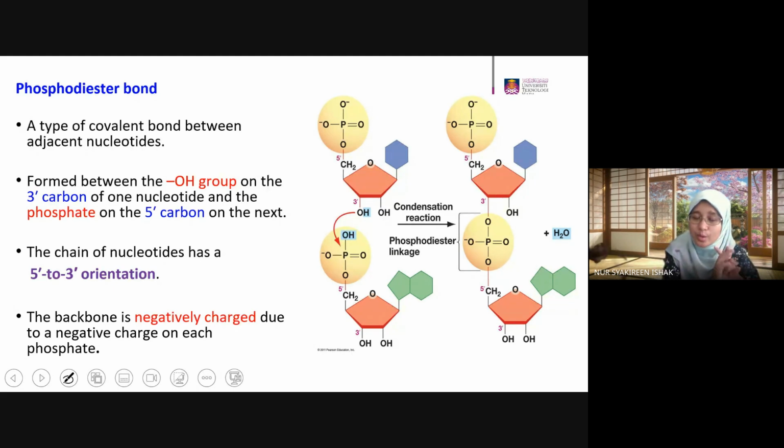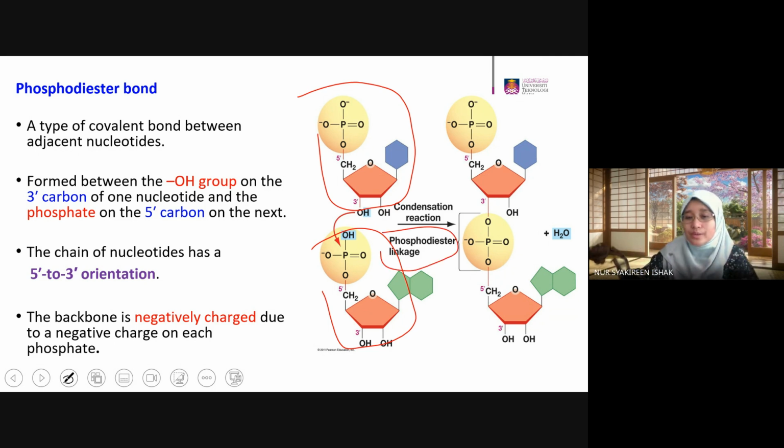The bond between the glucoses we call a glycosidic bond. In amino acids, one amino acid to another is a peptide bond. Now you are going to attach one nucleotide to another nucleotide, and the bond formed we call a phosphodiester bond.